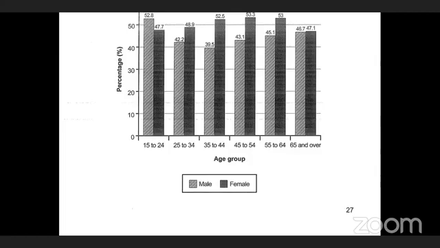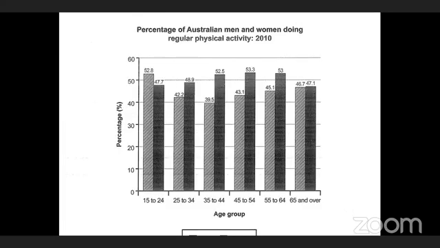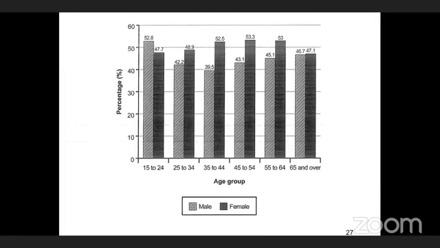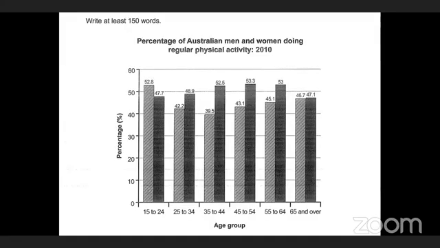Now, understand the question very well, then make a paraphrase. We can make a paraphrase: among the group of people aged 15 to 24, the male members did physical activity more than 50%.